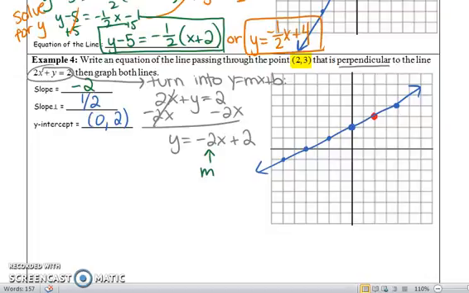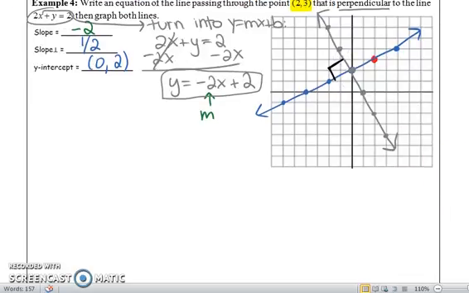Remember that the original line, I never graphed it, but the original line also had a y-intercept of 2, but the slope was negative 2. So if I rise up 2, I would go left 1, and if I went down 2, I would go right 1, and so on and so forth. And you can clearly see that these lines are perpendicular. They form a 90-degree angle.